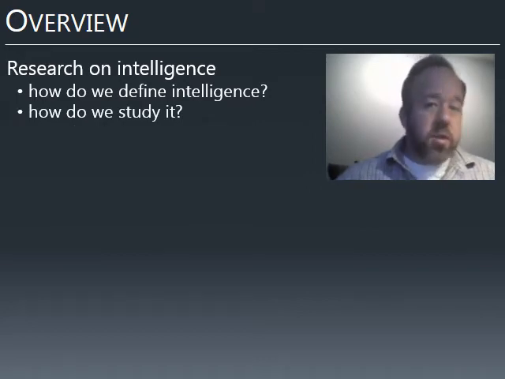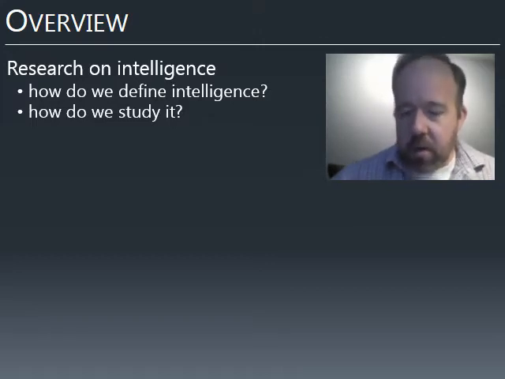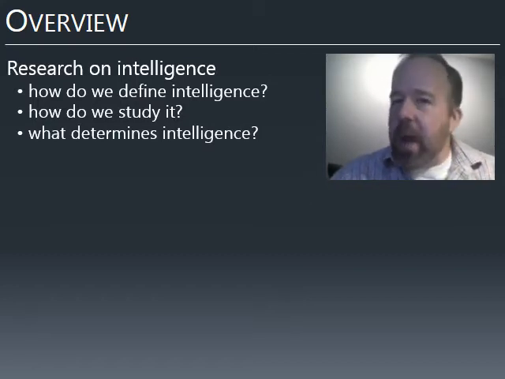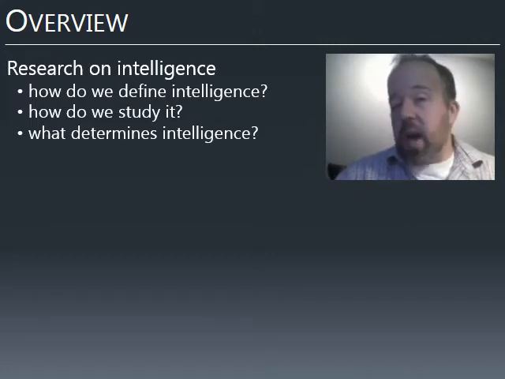And then, of course, once you define it, then you have to actually study it. So how do you measure intelligence and study it in a principled fashion? And then once you've defined it, once you've studied it, how do you determine the causes of intelligence? So say, for example, one person is intelligent and another person isn't.